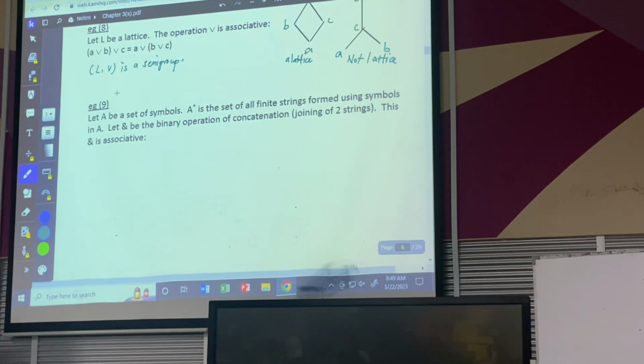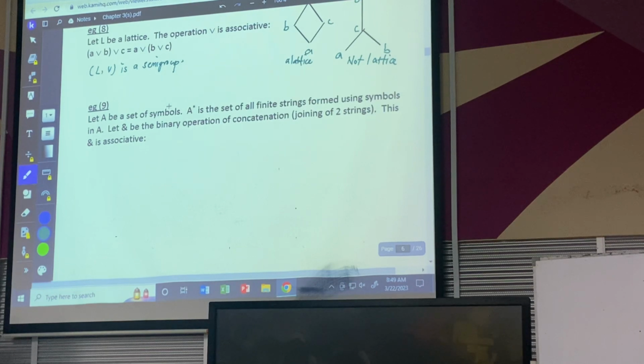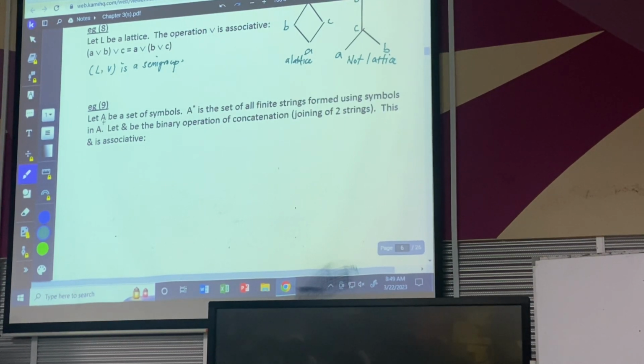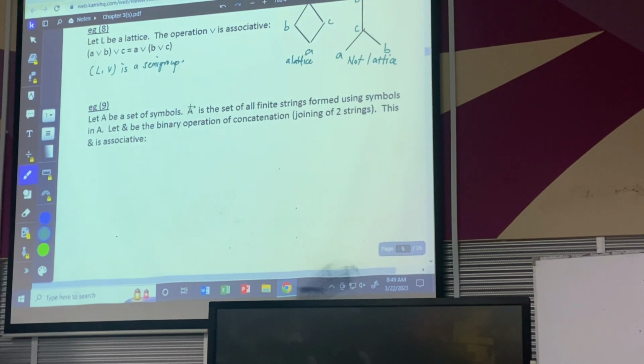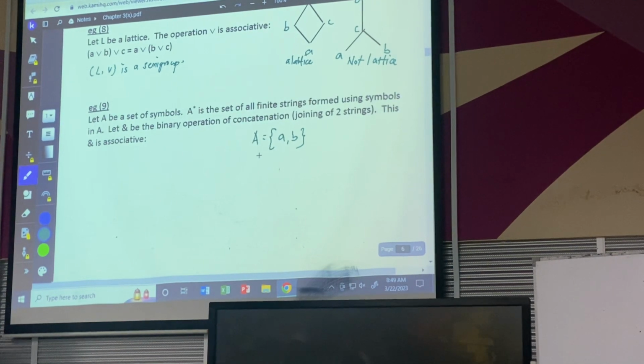Now, another example, if let's say you have a set A, the A here is a set of symbols inside. A string represent the string form from the set A. For example, if let's say my set A, I have A and B, and then I want to form a string from this A. So, what are the strings that we can have?